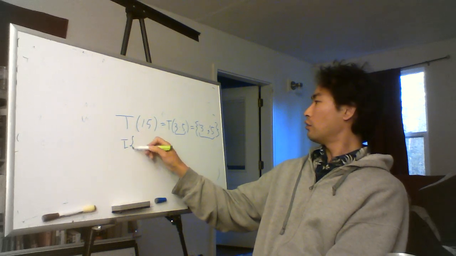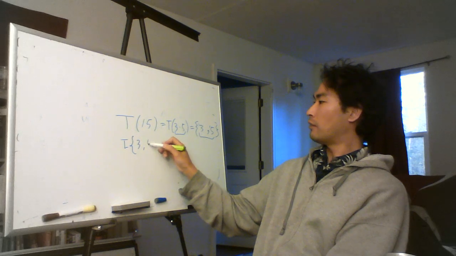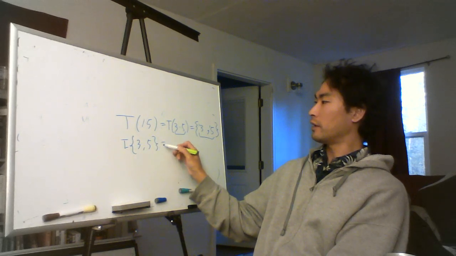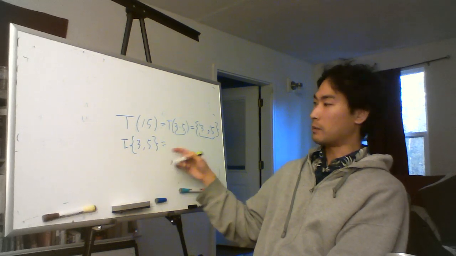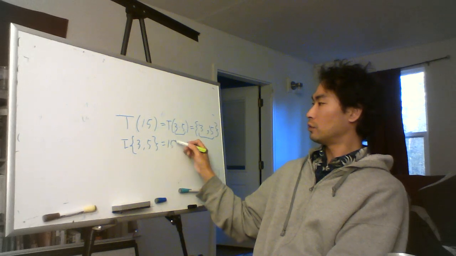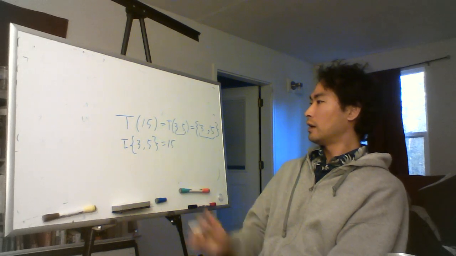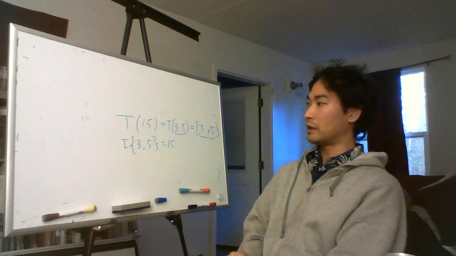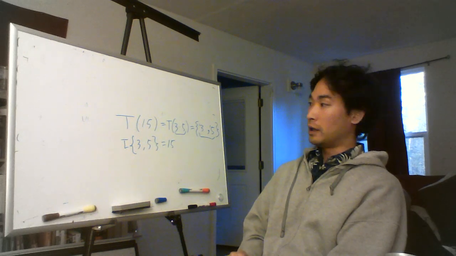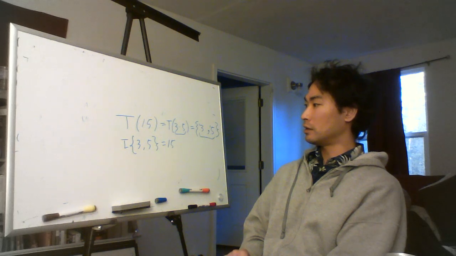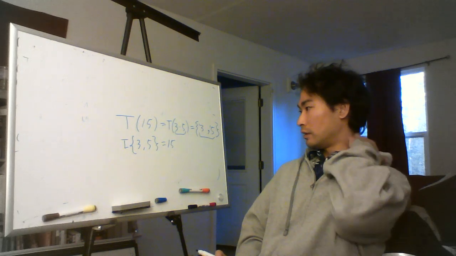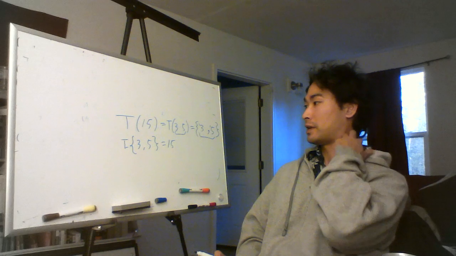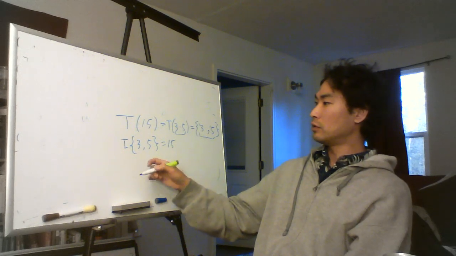Now tau is the same as pi. So tau of 3 comma 5, you just multiply everything. So it's pi, same as pi. That's 15. So you get the 15 back. So that's why T and tau are inverse to each other. And not only that, they're also homomorphic in terms of the operator, multiplication in the case of tau.